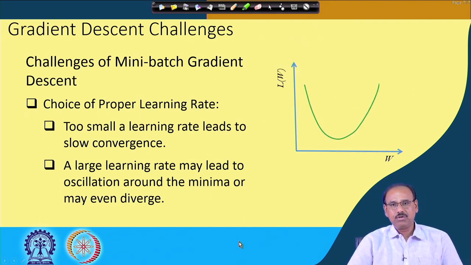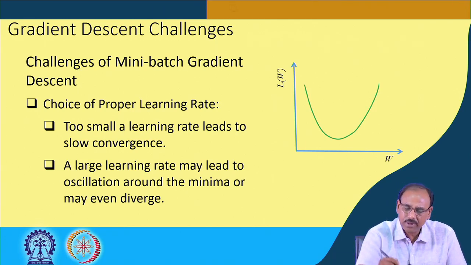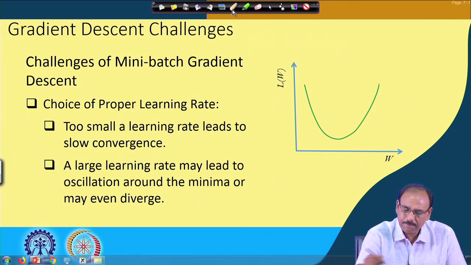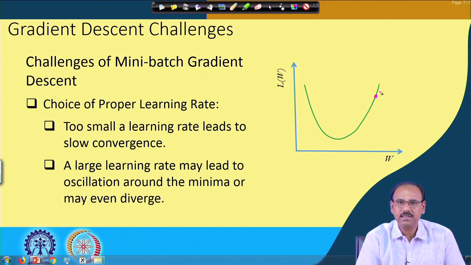For simplicity, I am assuming a loss function in one dimension. Say I have a loss function L, which is a function of a scalar parameter W, and I want to update the value of W in such a way that the value of the loss is minimized. This is what we have already discussed in one of our earlier lectures, so what I am going to do is just a recapitulation. To initialize, your initialization is done at random. Say for example, I have initialization somewhere over here.